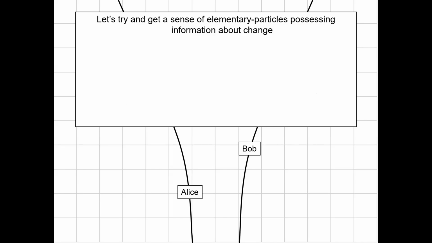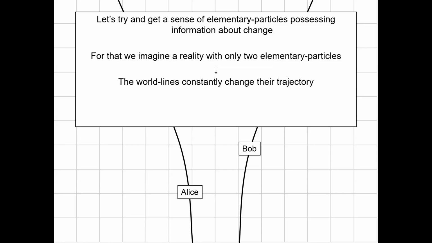So let's try and get a sense of elementary particles processing information about change. And for that, we imagine a reality with only 2 elementary particles. The world lines of these 2 elementary particles constantly change their trajectory.